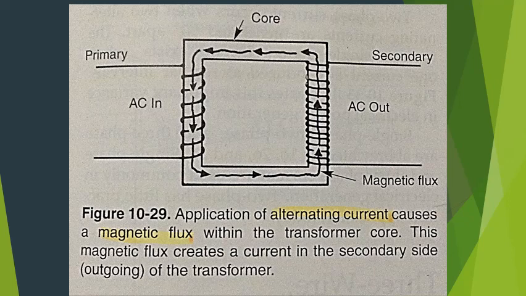This is the transformer rule, and it can be expressed as an equation: voltage of the primary divided by the voltage of the secondary equals the number of turns of the primary divided by the number of turns of the secondary.